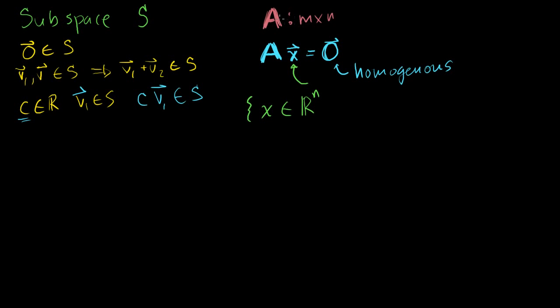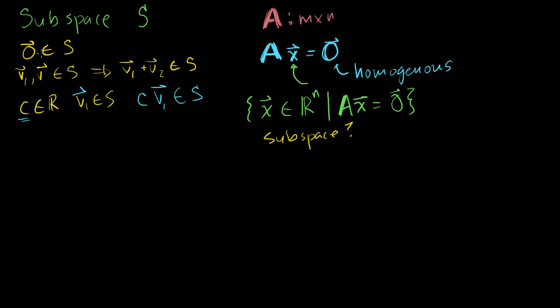Remember, if our matrix A has n columns, then I've only defined this matrix vector multiplication if x is a member of Rn. If x has to have exactly n components, only then is it defined. So let me define the set of all of the vectors in Rn that satisfy the equation A times my vector x is equal to the 0 vector. So my question is, is this a valid subspace?